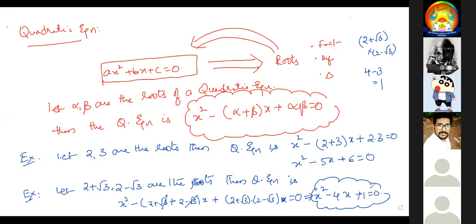Till now, for 2 days, we learned the basic definitions of a quadratic equation and definition of a root, and we studied 3 methods to calculate the roots. And we studied the graphical representation of a quadratic equation also.